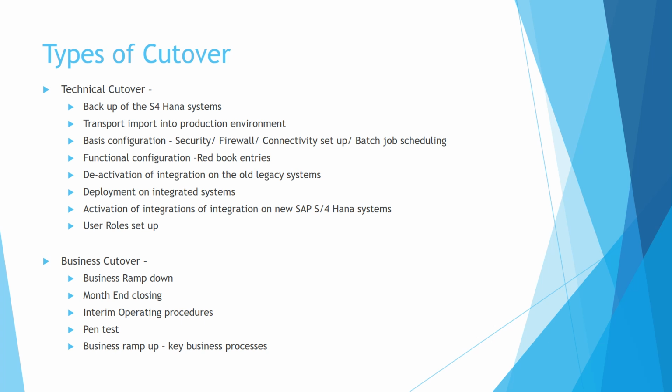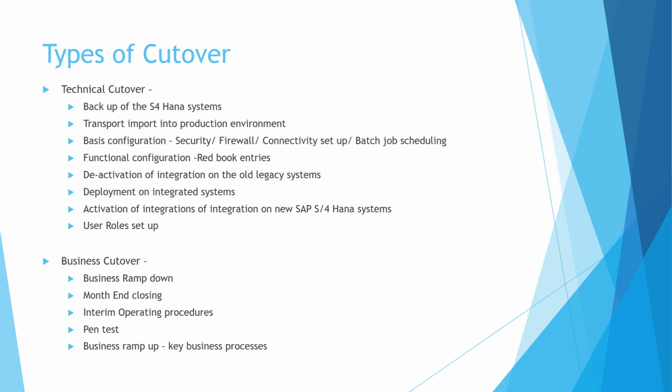We say that we should do only important, critical goods issues or goods receipts, or creating purchase orders, before the cutover, so that the data volume is less, and new purchase orders, goods receipts or issues can be done after the cutover. Those can be done in S4 HANA.